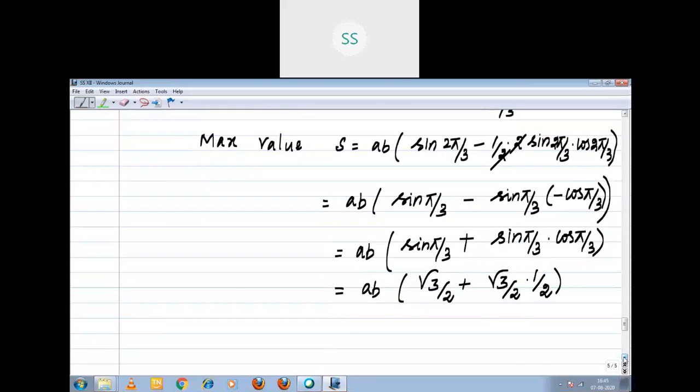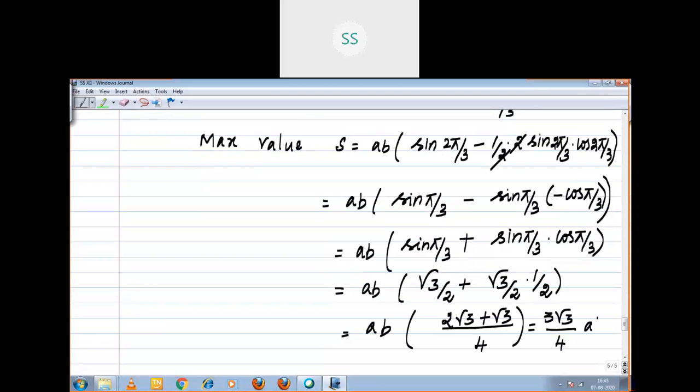Now it is equal to AB. You take the LCM: 2 root 3 plus root 3, which is equal to 3 root 3 divided by 4 AB square unit. The maximum area of a triangle.